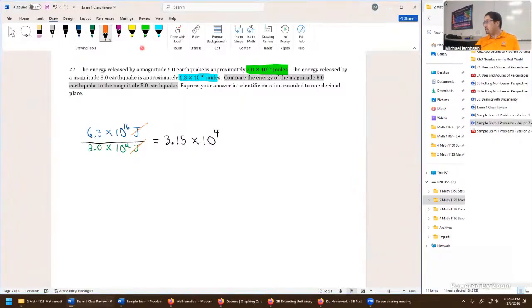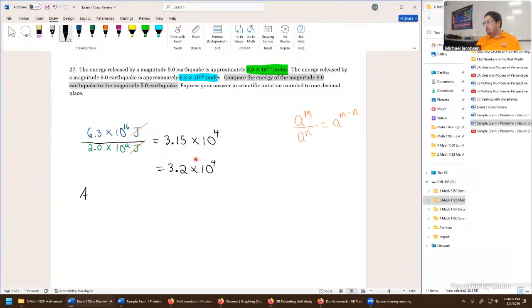The exponent law in the background is a power of m divided by a power of n is a power of m minus n. So really we're just taking power 16 minus the 12 to get the overall power 4. We're rounding this to 1 decimal place, so that will tell us that this comes out as 3.2 times 10 to the power 4. It says to compare it. This is the comparison, but it needs some words to really tie this together.